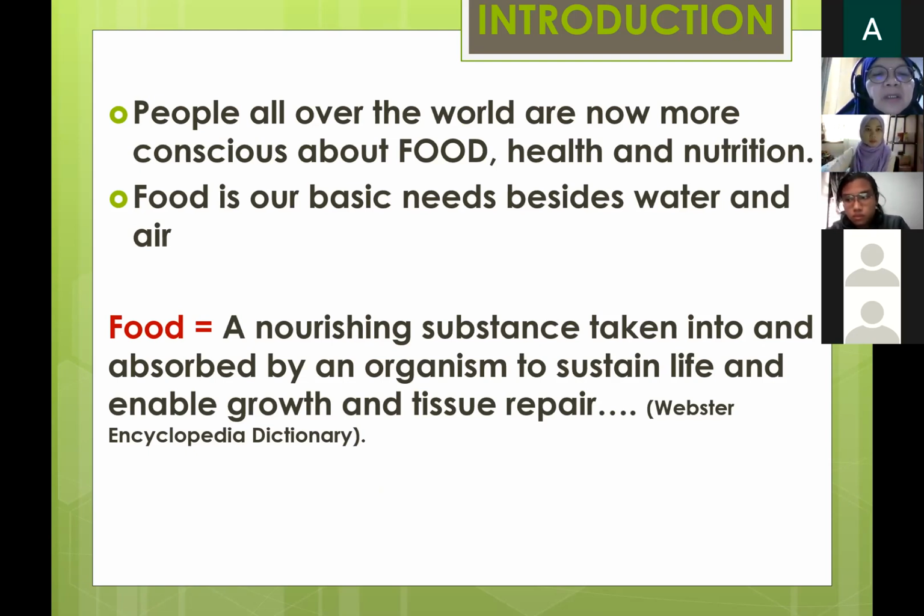According to Webster's Encyclopedia Dictionary, food is defined as a nourishing substance taken into and absorbed by an organism to sustain life, to enable growth, and to repair the tissues. So we eat food to nourish ourselves, to give us energy to grow, to repair tissue, to sustain life.